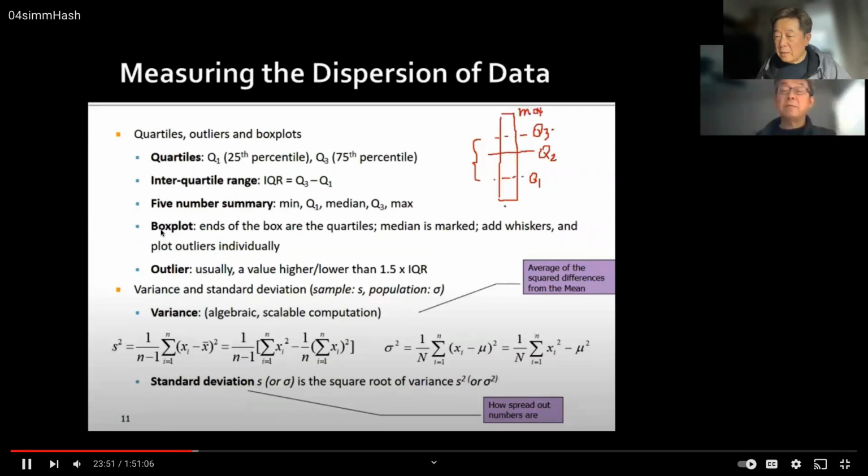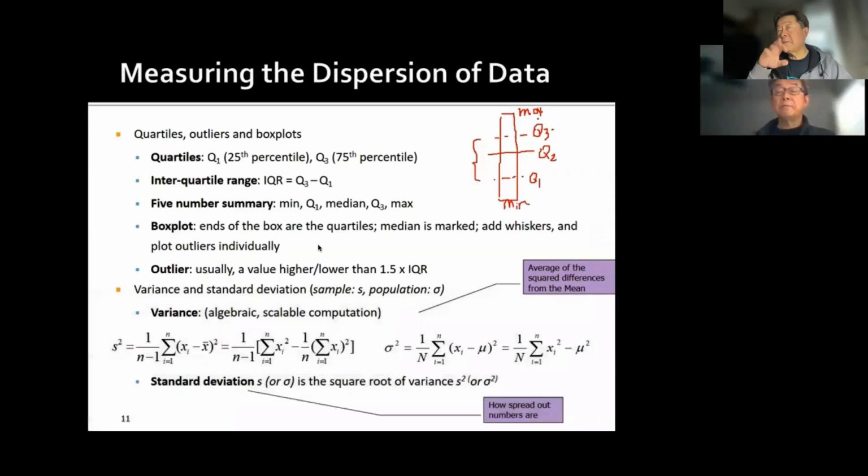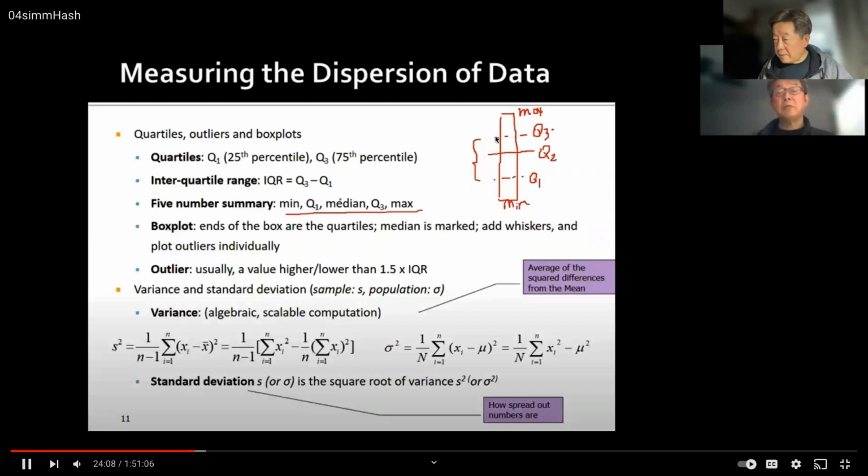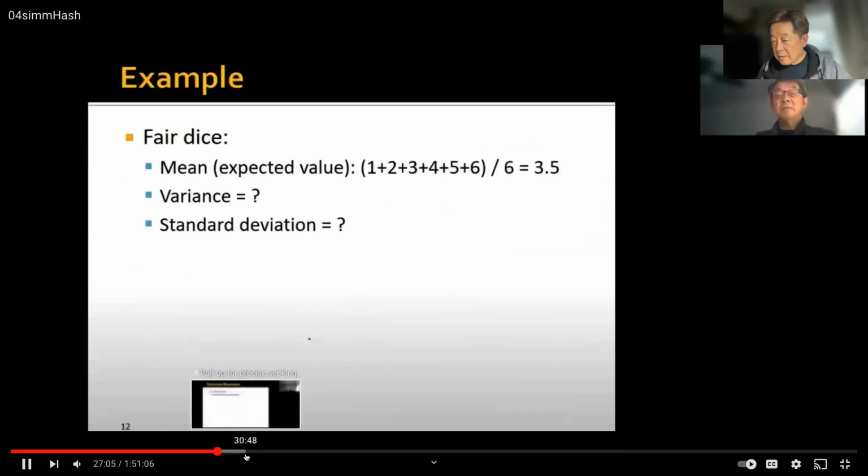So it is the so-called box plot. If you see some statistical summary, particularly for financial stock prices, then you may be able to see this kind of box plot. All right. So this slide explains some of those.